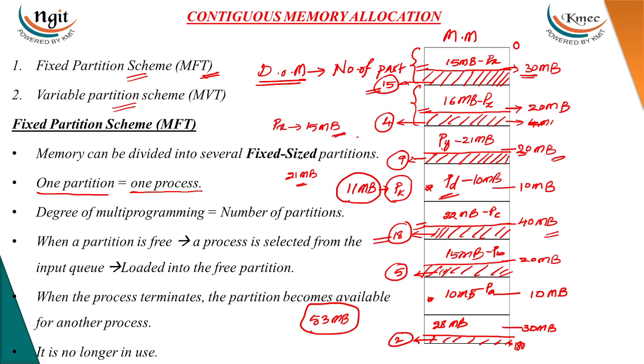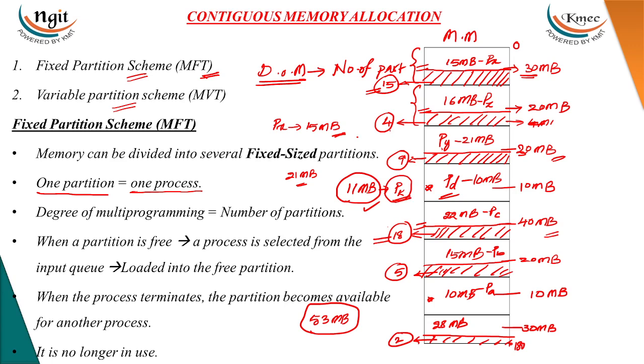In this particular partition pk could be allocated. But there is a rule that only one partition is given to one particular process. That means until and unless a memory segment of more than 11 MB is free, pk will not be allocated.